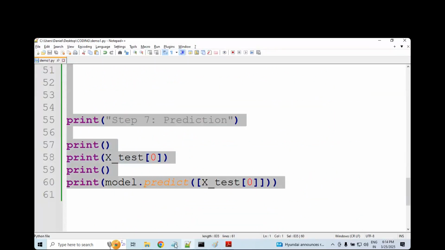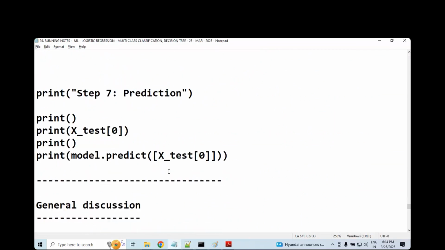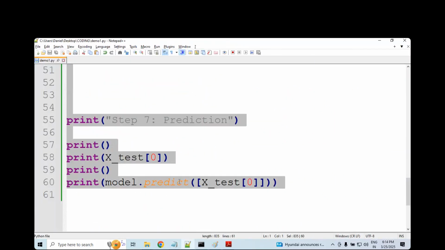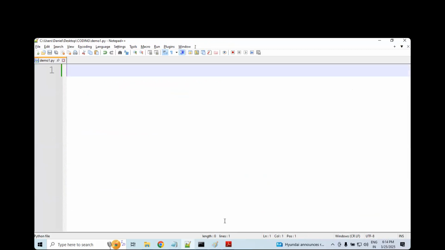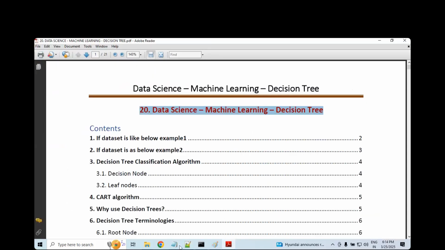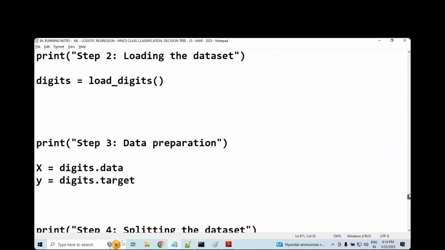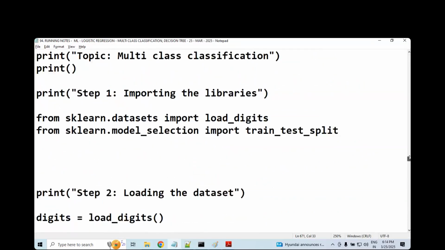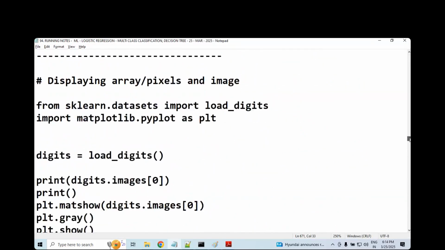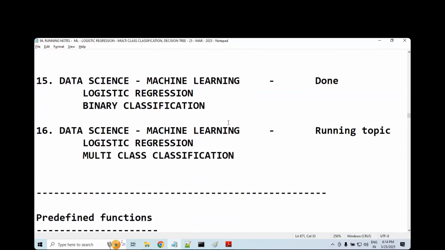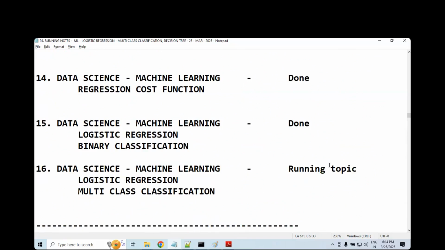I hope this example I copied, right? Now the currently running topic is called decision tree. We are done with this.